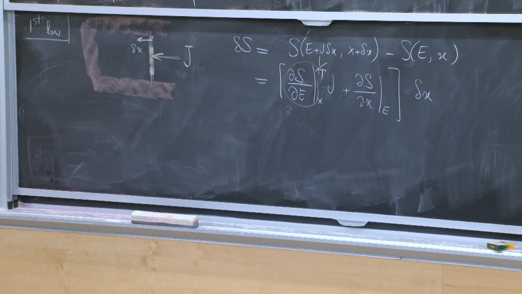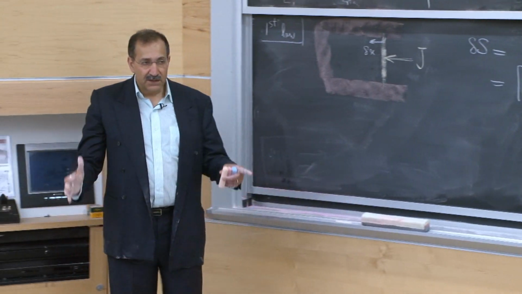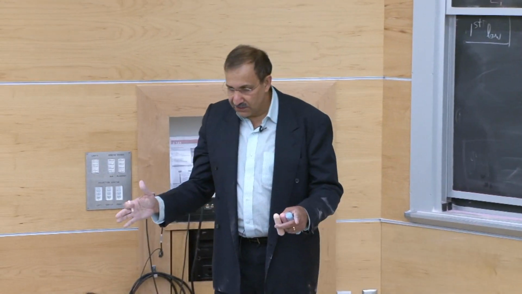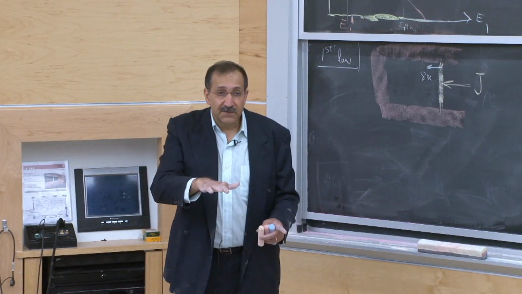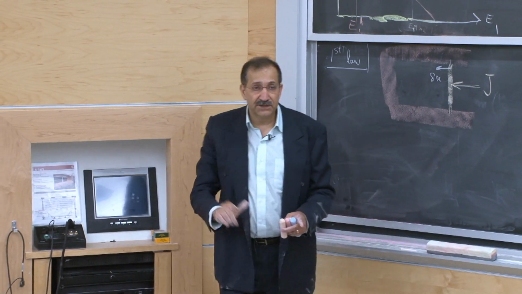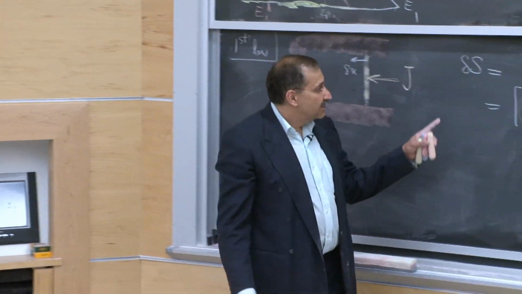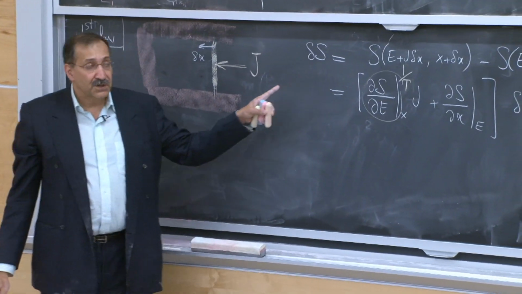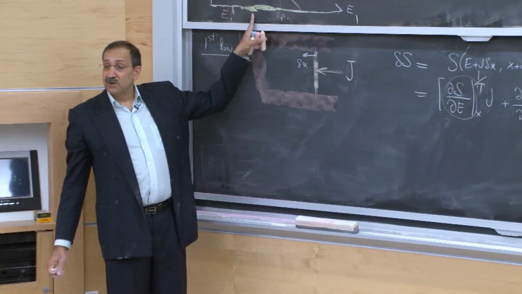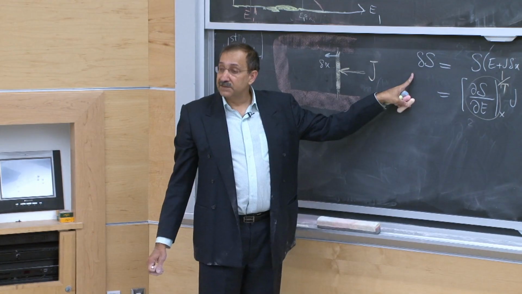Now, the claim is that if you have a situation such as this, where you have a state that is sitting in equilibrium, let's say a gas with a piston, then by definition of equilibrium, the system does not spontaneously change its volume. But it will change its volume if the number of states that is available to it increases, or S increases.